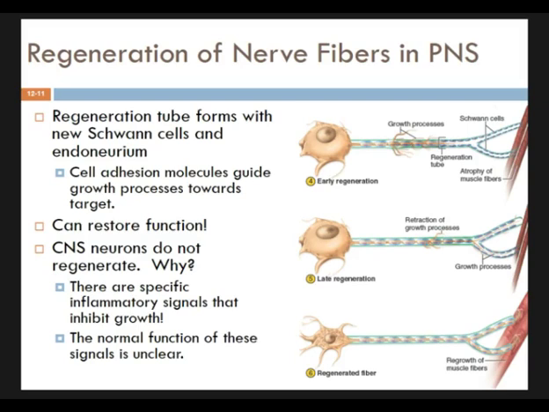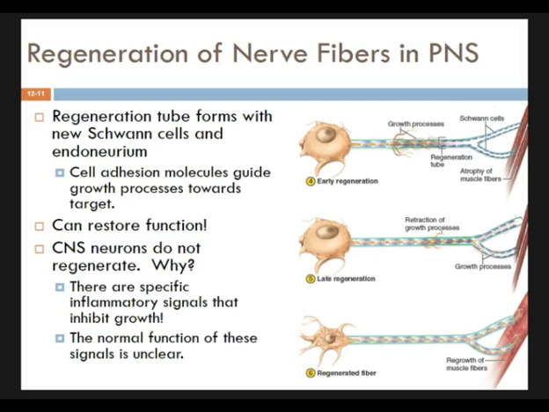And some of the growth processes that came out of the damaged end of the axon will start to make their way down this regeneration tube, and eventually, as they keep growing and growing, they will get down to the target cells that neuron originally was talking to. In this case, it's a couple skeletal muscle cells.